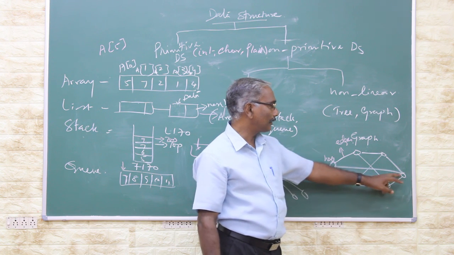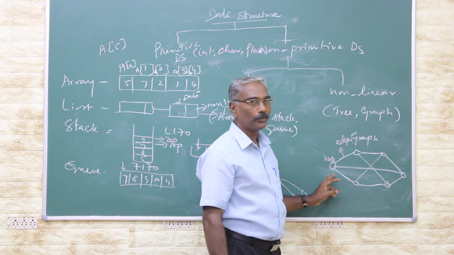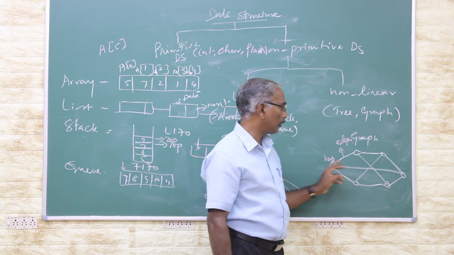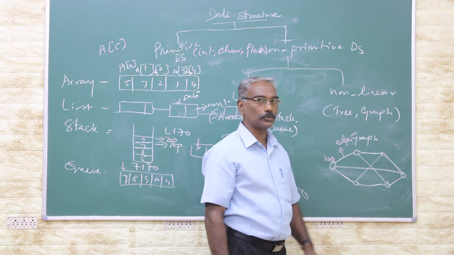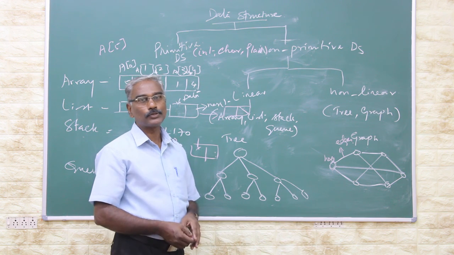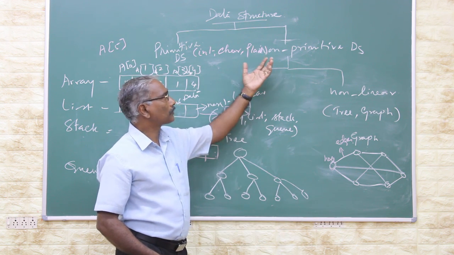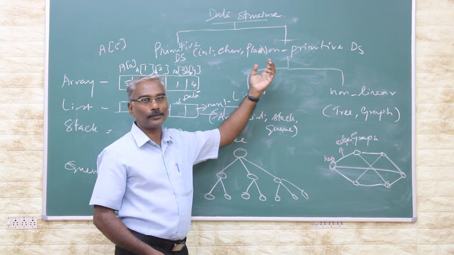If you want to reach the destination node, you can travel in several directions. You can travel directly, or you can travel via this node, or you can travel this way also. Here also you can perform several different kinds of operations. So this is the concept that comes under the introduction to data structures.